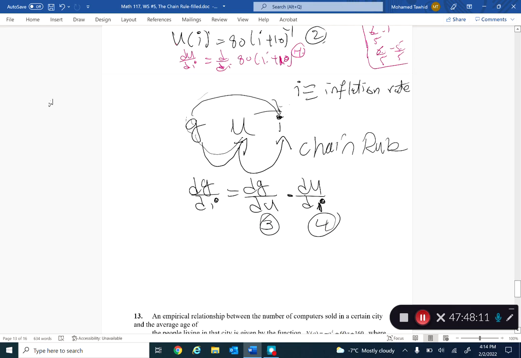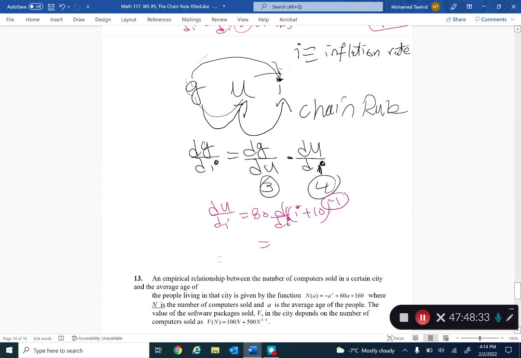So now I have to get the equation du by dI. 80, that's a constant, I can take it outside of my derivative. So what do you have left? I plus 10 to the power negative 1, that is your n. It's a bracket to the power n, power rule.